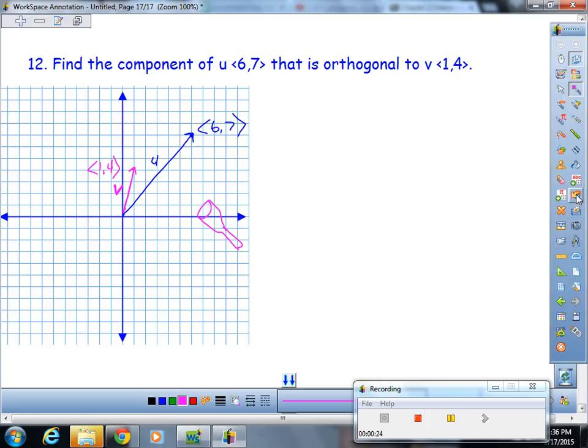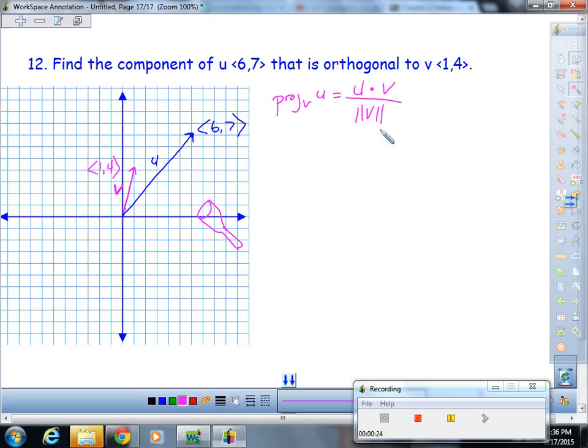We're going to need to use the projection vector to find the component that's orthogonal. If you remember, and hopefully this is one of the equations you will use on your note card, the projection of U onto V involves the dot product. So it's U dot V over the magnitude of V squared, and you can go back and watch the old videos if you want to know why.